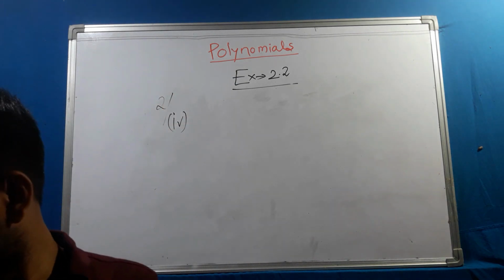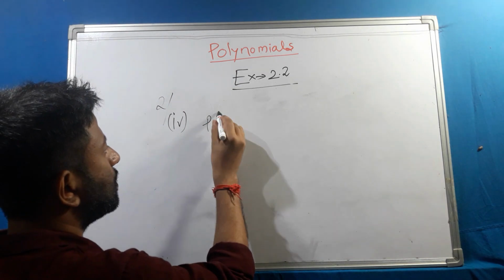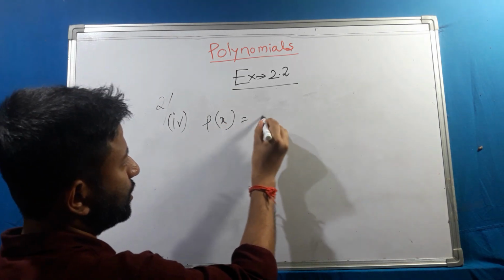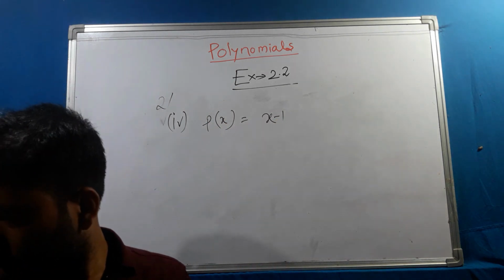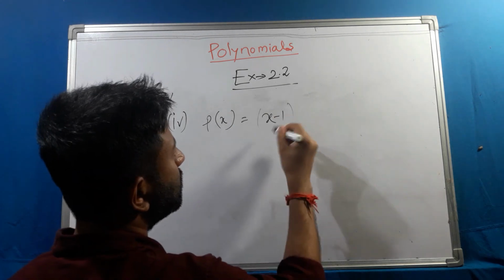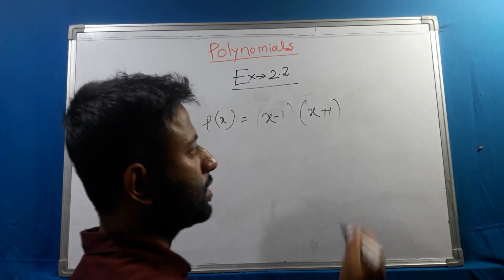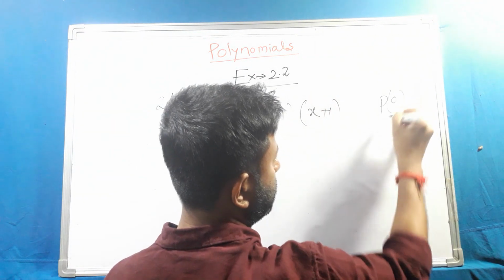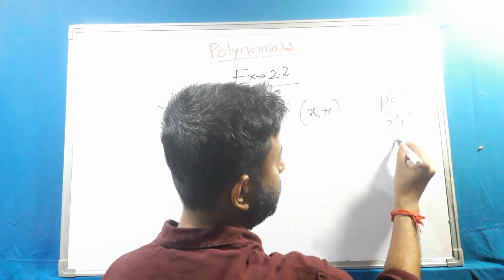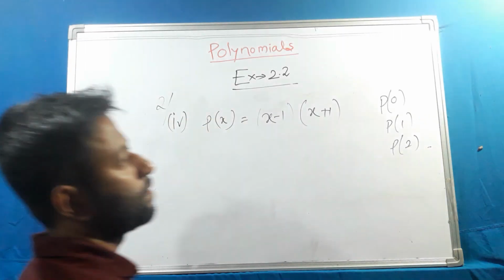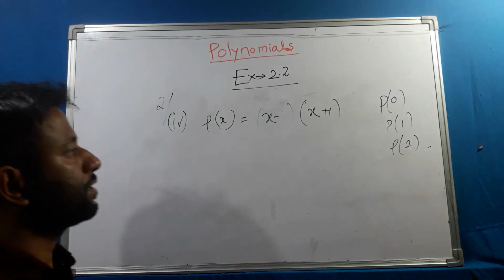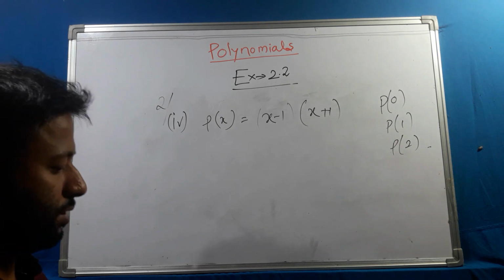I'm writing the polynomial p of x equals x minus 1 times x plus 1.